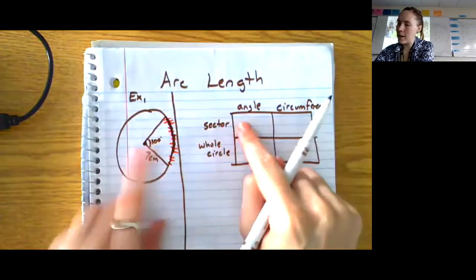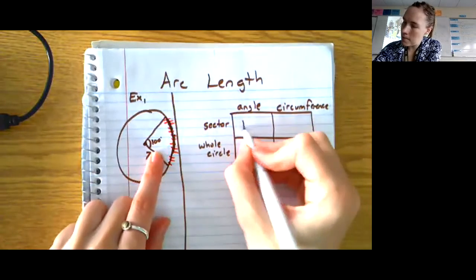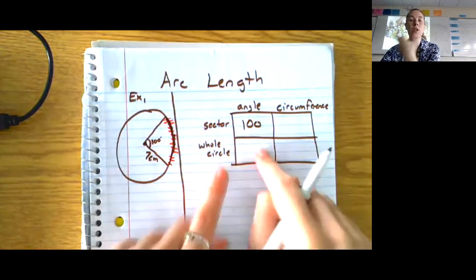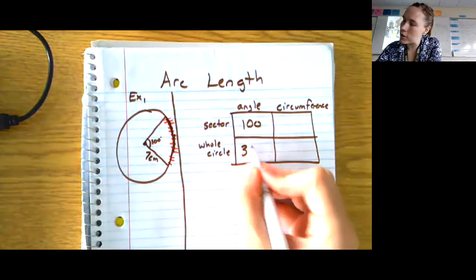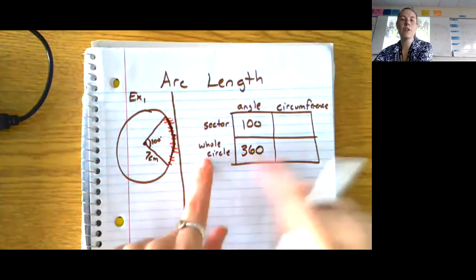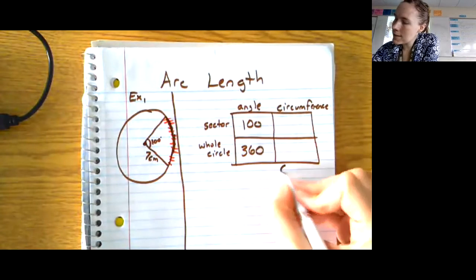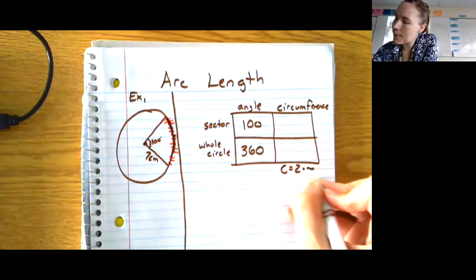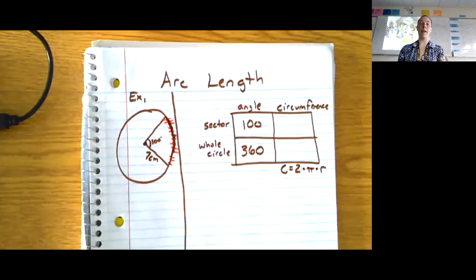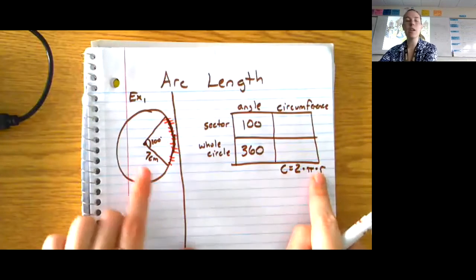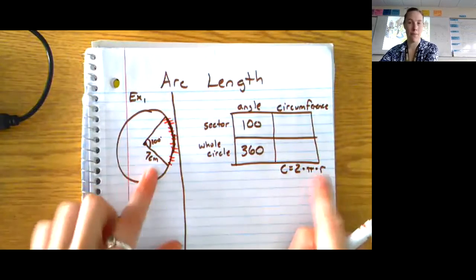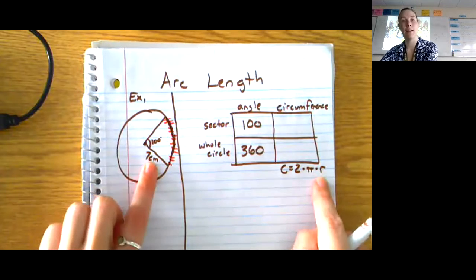The angle of my sector, all right, that's 100. My whole circle is always 360 degrees. The circumference of my whole circle. So remember, we find circumference, it's 2 times pi times radius. So if I look here, my radius is 7, and that's what I'm going to plug in.